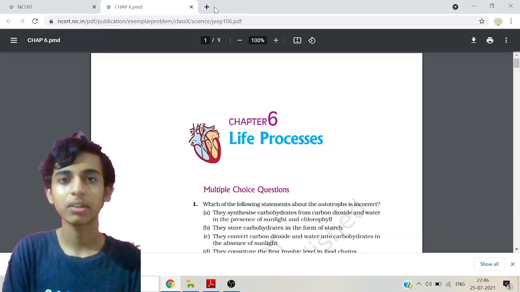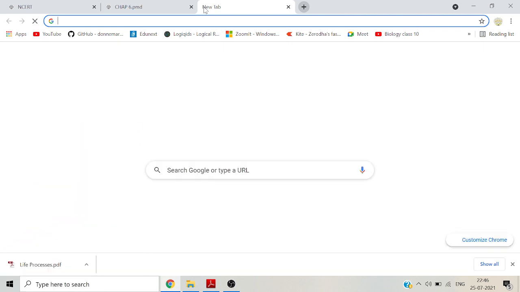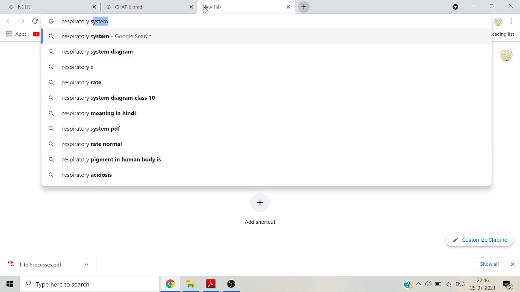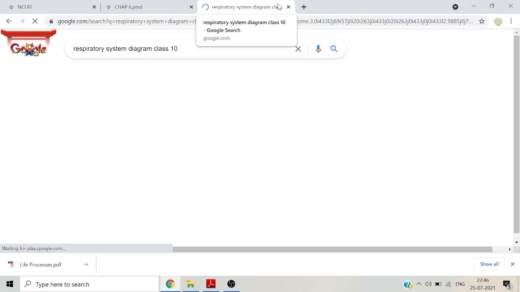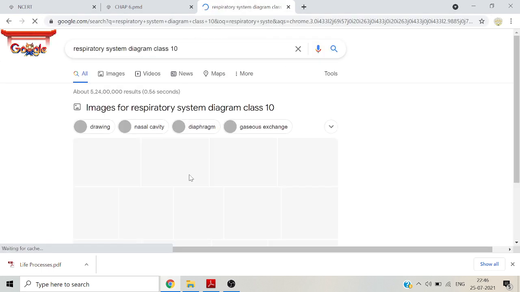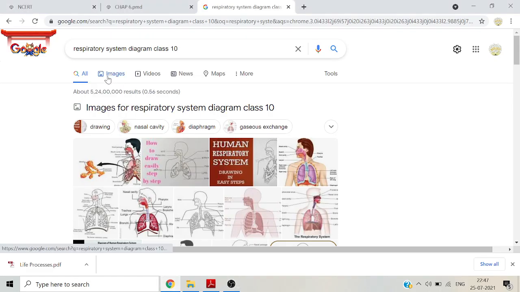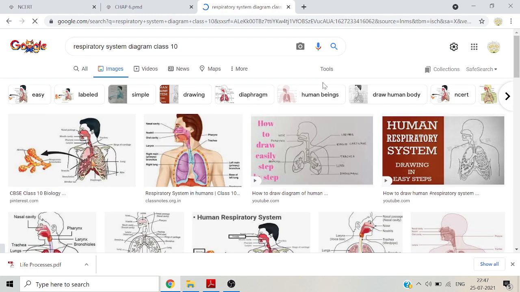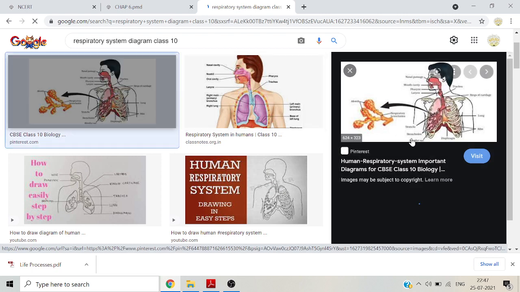Let me show you the structure. Wait a second, I will show you the structure so that it will be better. Respiratory system diagram, class 10. Now, just for explaining you in a better manner, what I was saying is this concept.